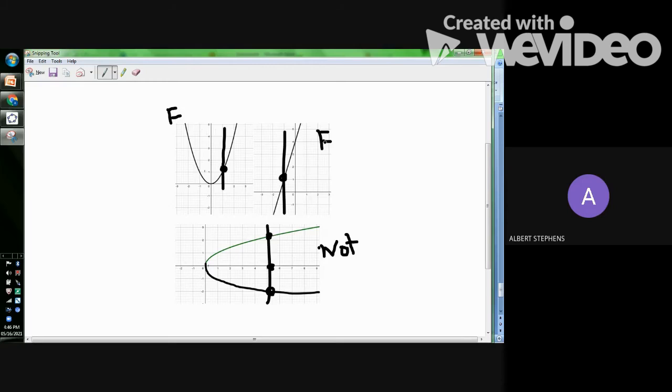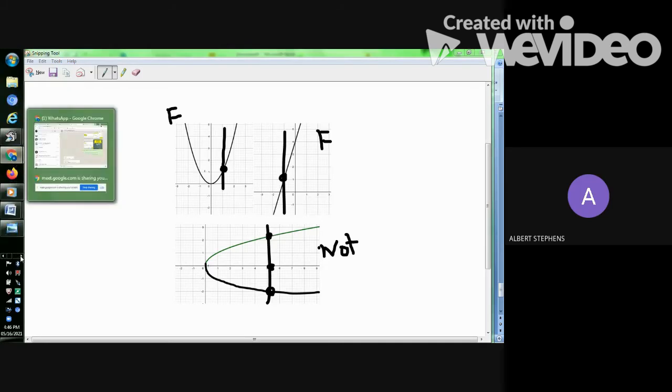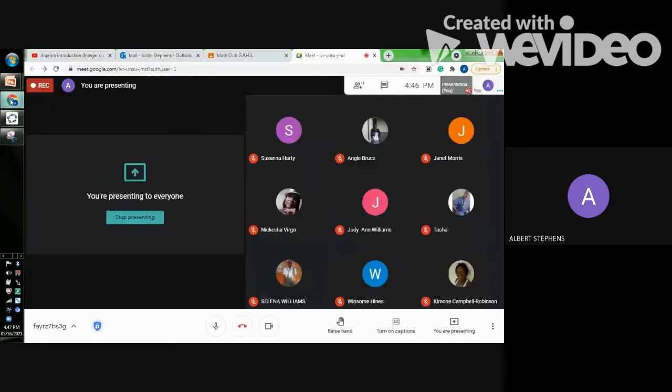All right. Look at this diagram here. I draw a vertical line. How many places does it cut the diagram? 1. If you cut the diagram at only one point, then that graph is a function. Otherwise, it's not a function.